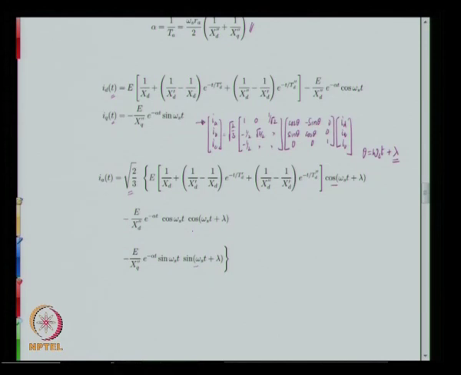So, what we see is that Ia consists of a co-sinusoidally varying entity whose amplitude is determined by these expressions. These consist of a simple number E by xd, and something that decays exponentially with time with the time constant Td dash.